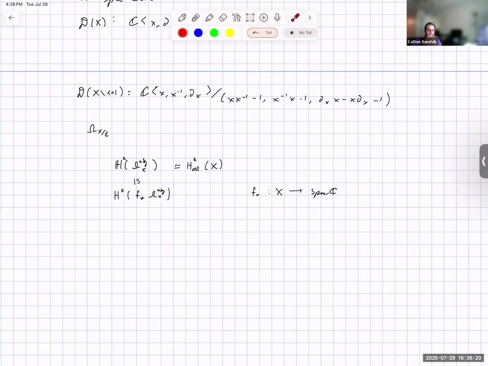If you're in an analytic situation, so this is a complex manifold now, then the complex of holomorphic differential forms is quasi-isomorphic to the constant sheaf of complex numbers. That's called the holomorphic Poincaré lemma. So you're not getting OX, you're getting the constant sheaf of complex numbers.